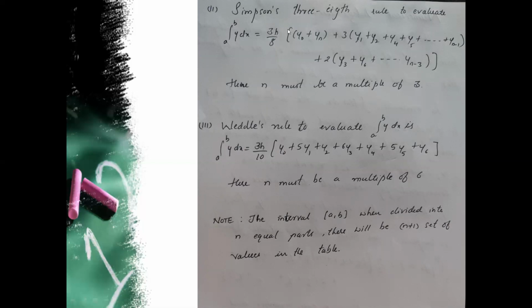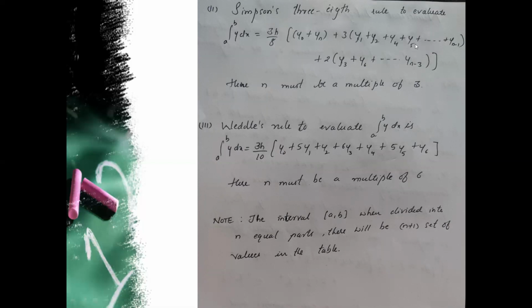Then the formula outside: for Simpson's 1/3 rule it is 1 by 3 into h. Here it is the 3/8 rule, so it is 3 by 8 into h. y0 plus yn is there also. Now here we have 3 times y1, y2, y3 is skipped, y4, y5 is there, y6 will be skipped, and so on.